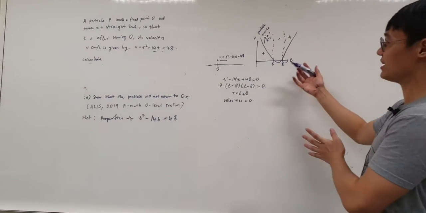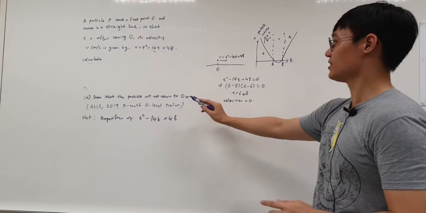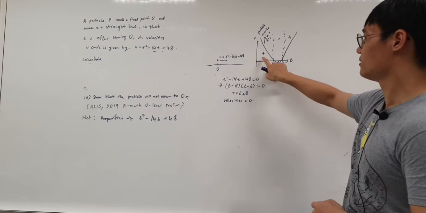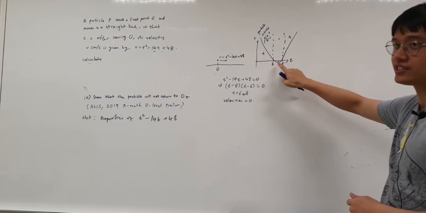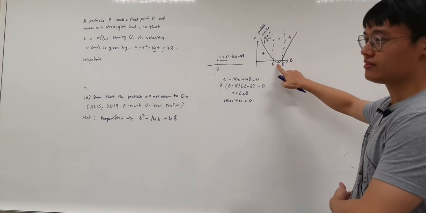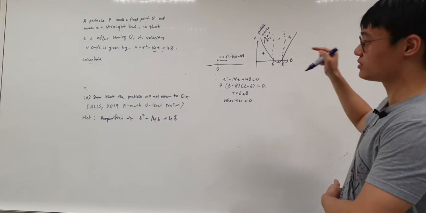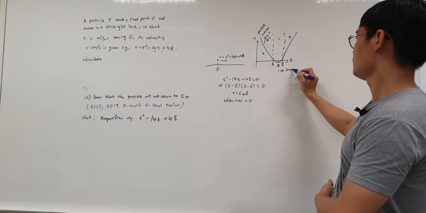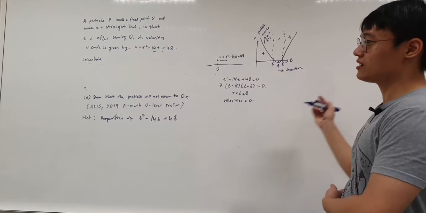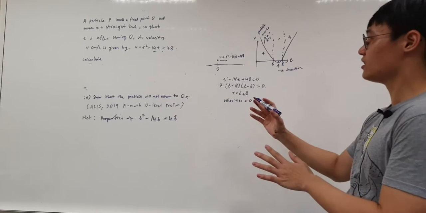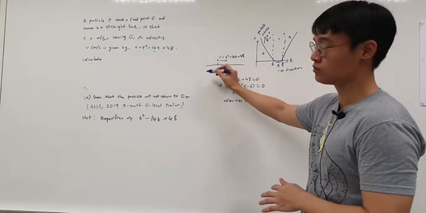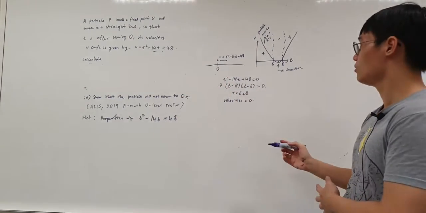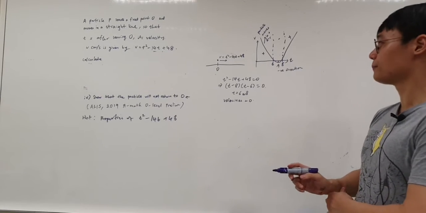There's a reason why they ask this question, show the particle will not return to O. They want you to show that when it's moving in the positive direction, and then this negative part where it moves backwards, in the negative direction, it doesn't move back too much, until the back of O. We want to show that this particle will not return to O. And how do we do that?